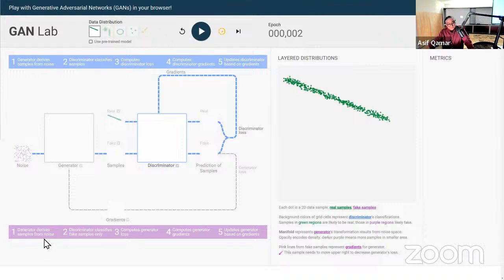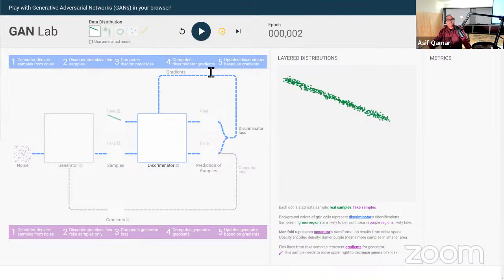Let's play it out. So generator derives sample from noise. Discriminator classifies fake samples only. Computes generator loss. Computes gradient and updates the generator. So this is when generated data goes through this. When real data goes through this at the top, generator derives sample from noise. Discriminator classifies sample. Computes discriminative loss. Computes discriminative gradients, updates it. So pretty much, do you see that both the processes are different?